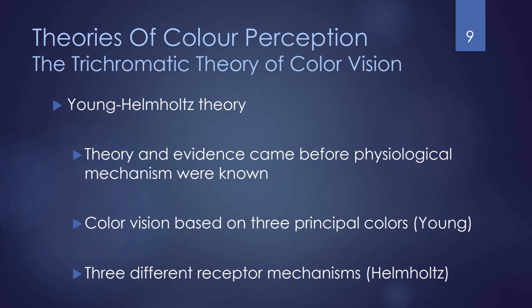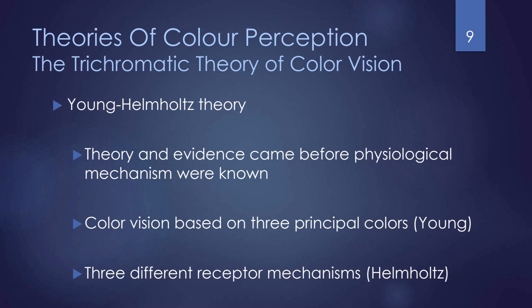Later, around the mid-1800s, another researcher, Hermann von Helmholtz, expanded on Young's original theory. Helmholtz suggested that the cone receptors of the eye were either short wavelength, medium wavelength, or long wavelength cones, corresponding to different colors: short wavelengths to bluish colors, medium wavelengths to the greens, and long wavelengths to the reds.